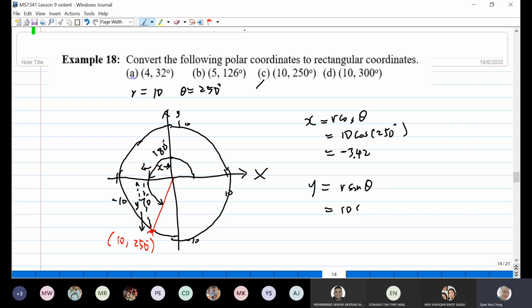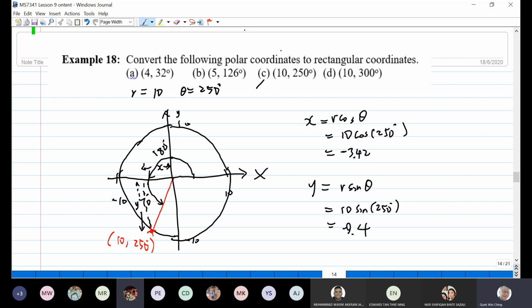So it's 10 sine 250. So 10 times sine 250, and you get a negative answer as well.